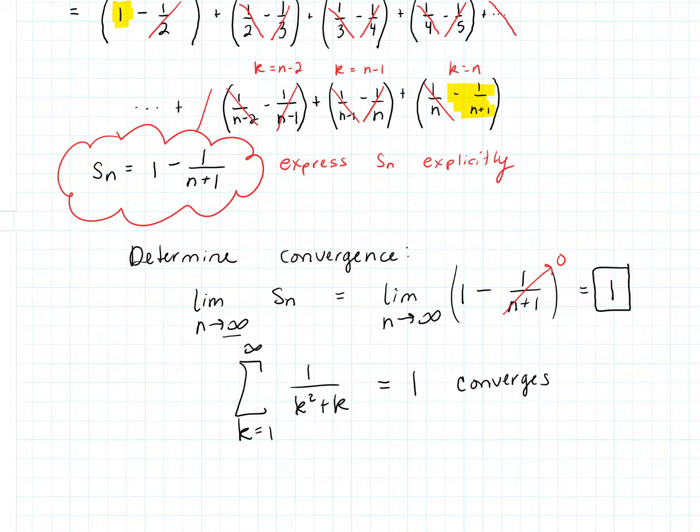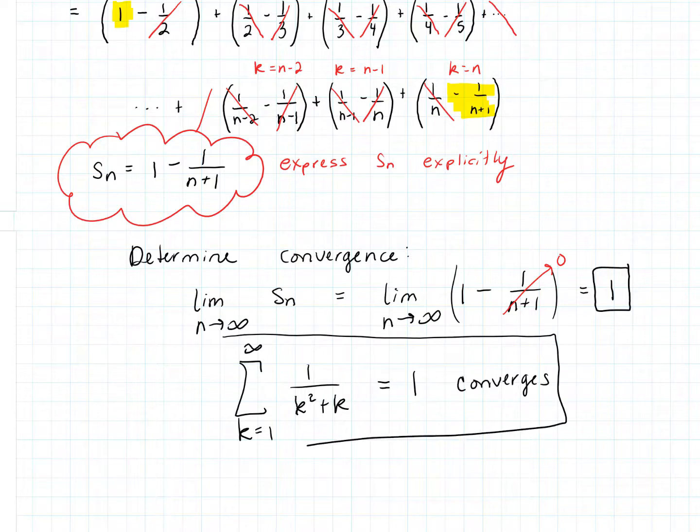Not only were we able to find convergence or divergence, but we were able to show what it converges to, and this converges to 1.